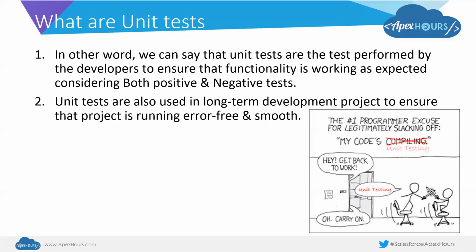So basically, unit tests are the tests that are performed from a developer side to ensure that the functionality that the developer is developing is working correctly, in both positive and negative tests. So for example, say there is an employee record where we want to put a validation on the birthday field.